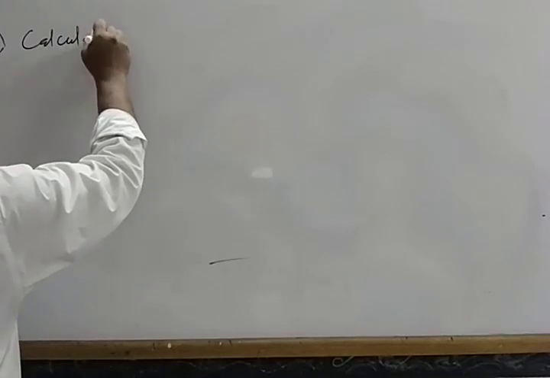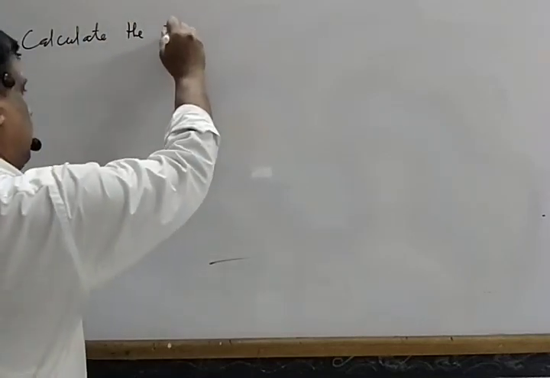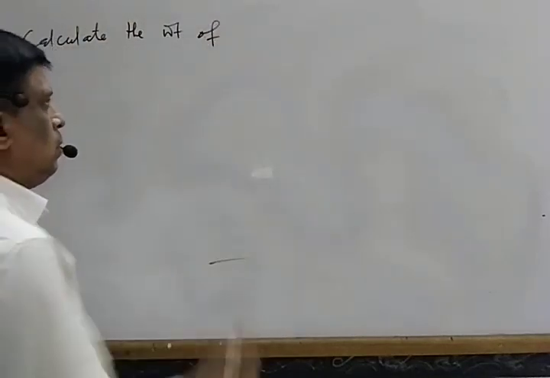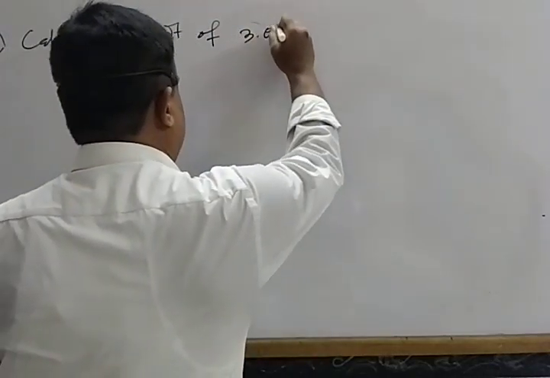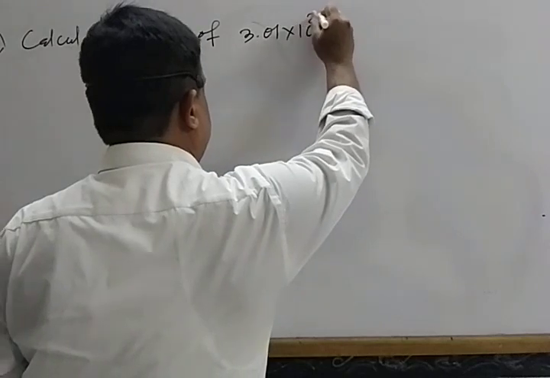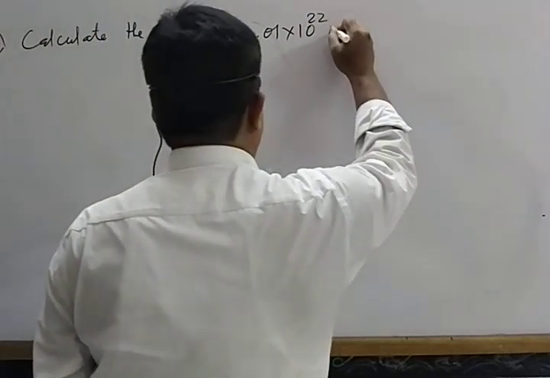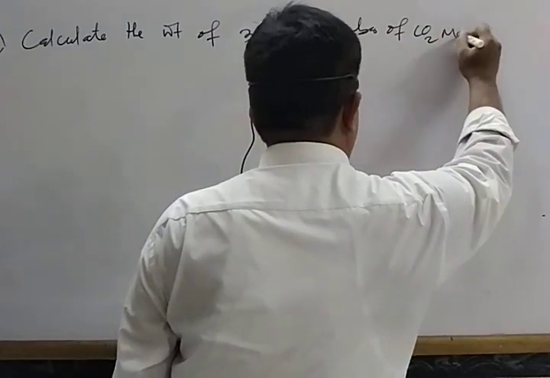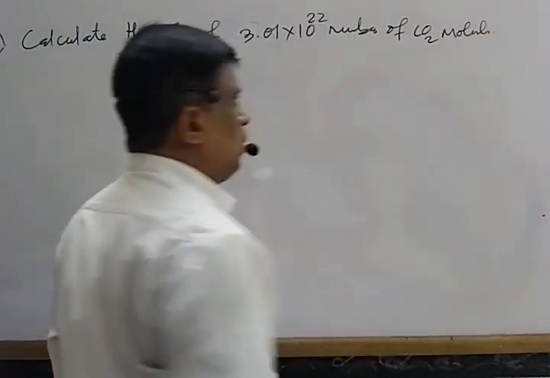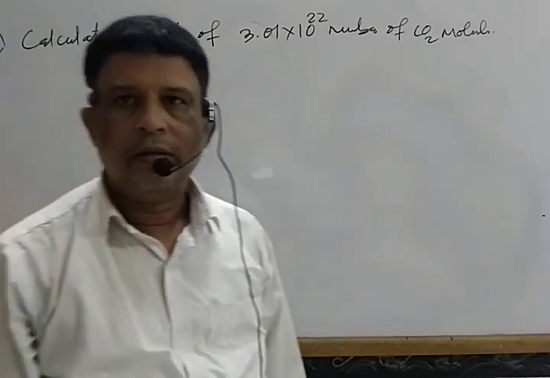Calculate the weight of 3.01 into 10 to the power 22 number of CO2 molecules. So read the question. What is the question?